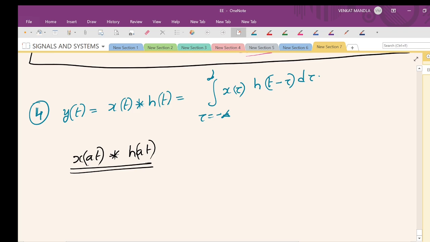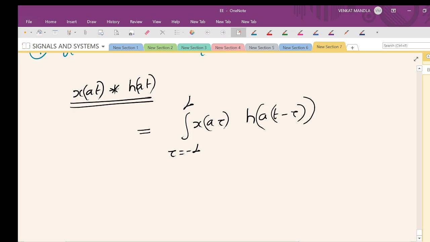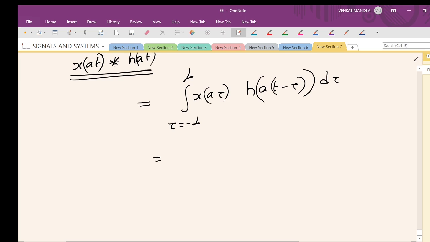So this convolution is the integral from τ = minus infinity to plus infinity of x(aτ) h(at − τ) dτ, right? Now the integral of x(aτ) h(at − aτ) dτ.